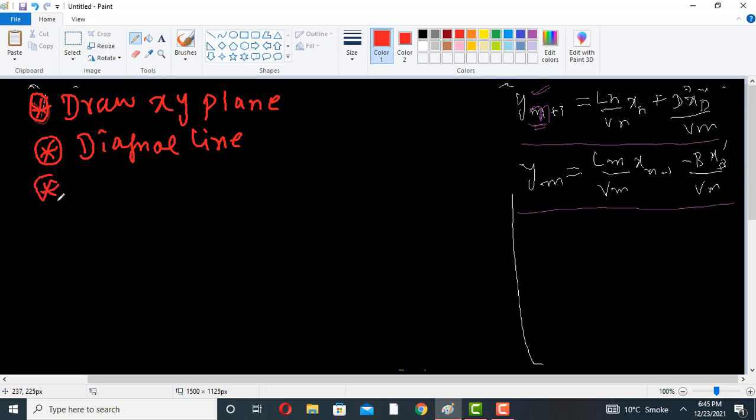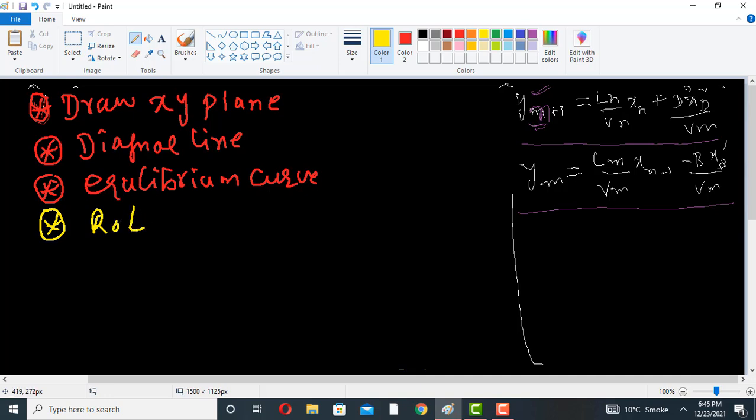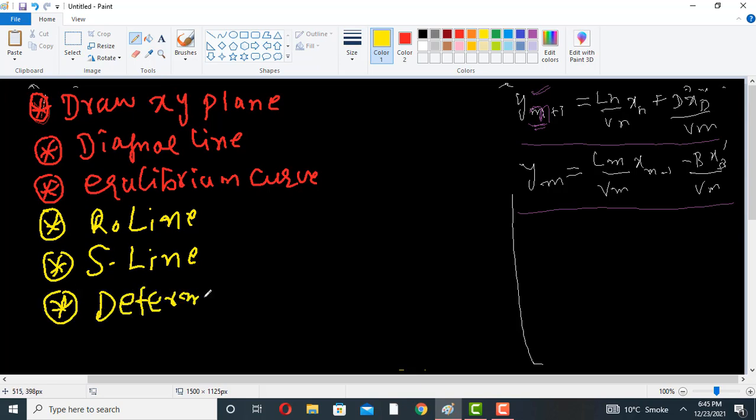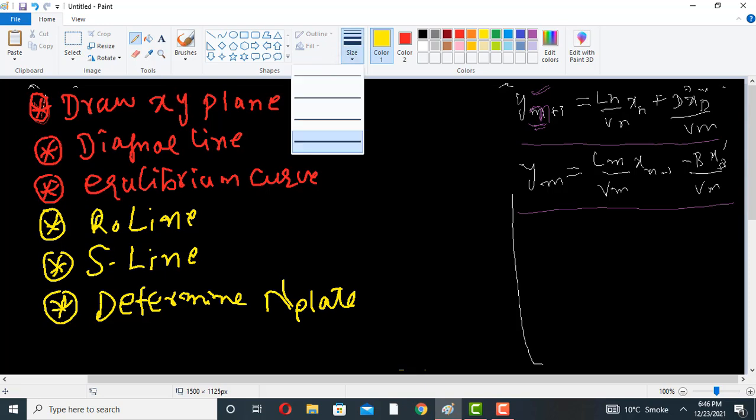Then draw the equilibrium line, the equilibrium curve. Then draw the rectifying section, draw the rectifying line. Then draw the stripping line. Then determine the number of plates. So this is the simple method. These are the steps and the procedure.